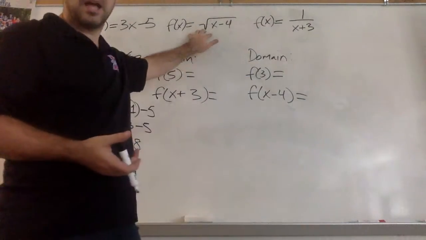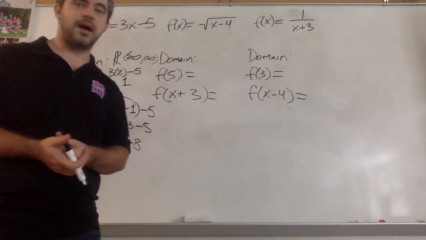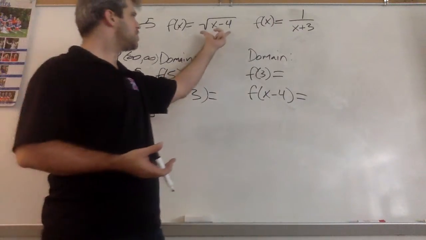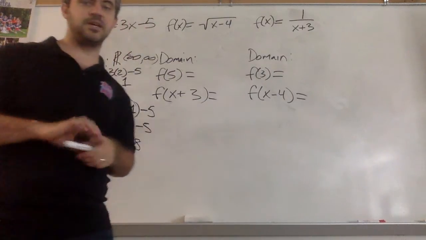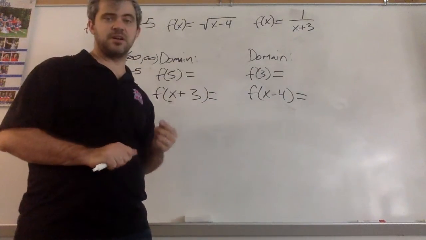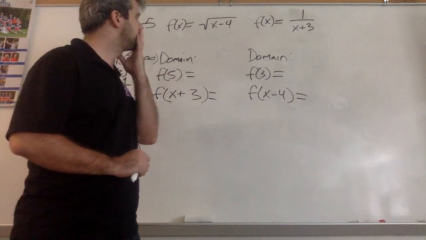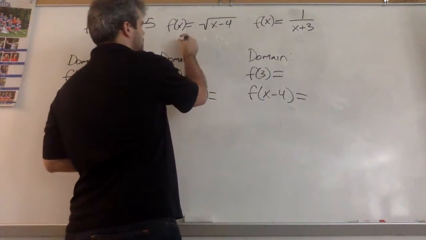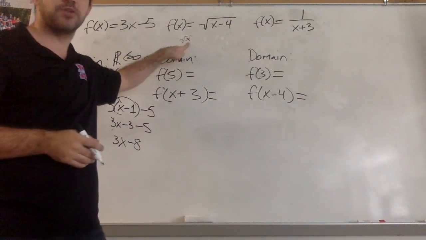Okay, let's do the square root one. This is where we really start to have to be careful about domain. So can x be positive? Yes. Can x be negative here? No. And we need to be even more specific. So in the parent function, square root of x, okay, what's our no-no here?